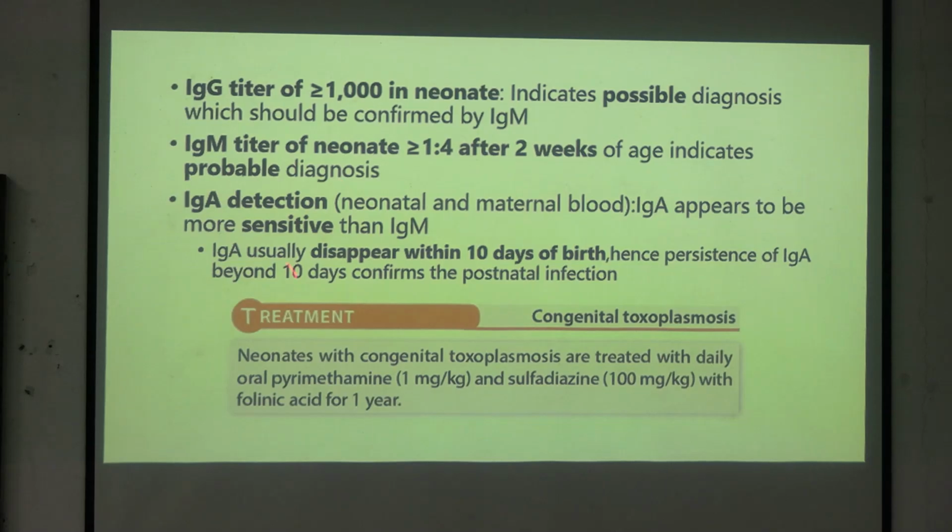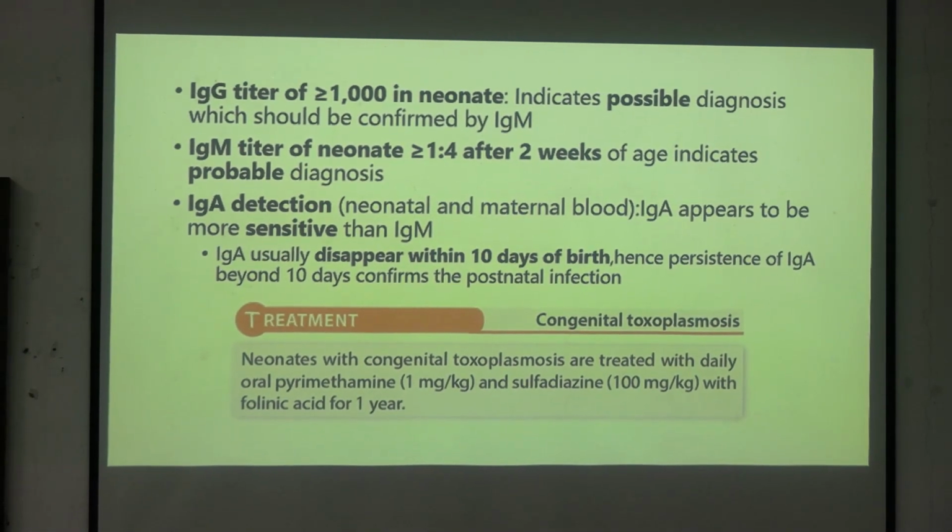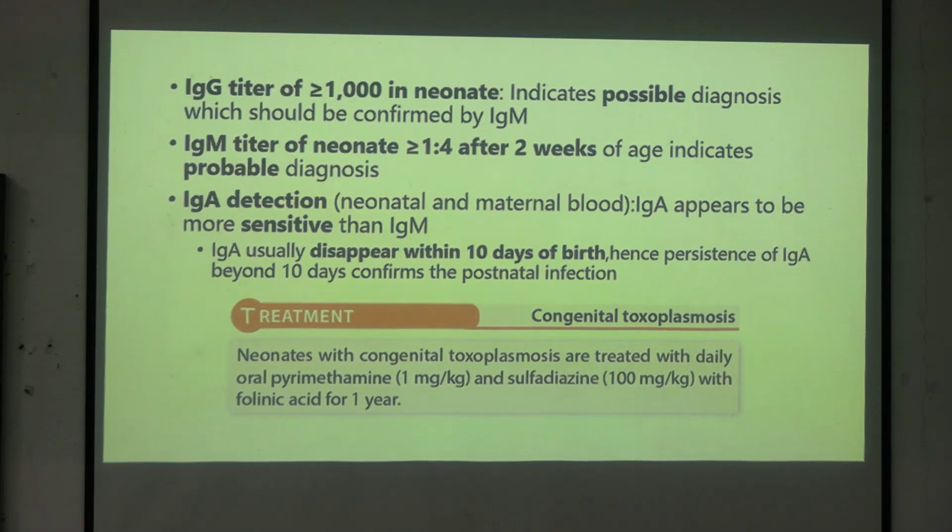Another way is IgA. You know IgA is the secretory antibody that is present in the mucosal surface. So if you see IgA after 10 days of birth, that IgA does not belong to the mother. So whenever you find Toxoplasma specific IgA in the neonate after 10 days of birth, that means it is the IgA of the neonate itself.